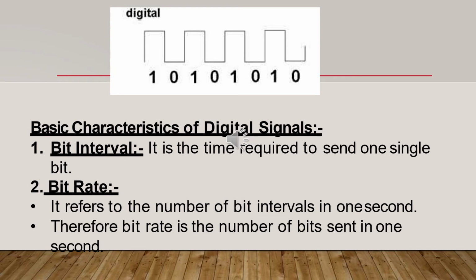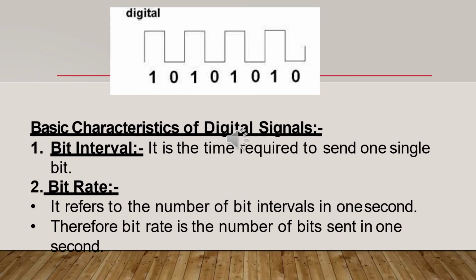Next, it refers to the number of bit intervals in 1 second. Therefore, bit rate is the number of bits sent in 1 second, right? So second we have bit rate. Bit rate means how many bits we are sending within 1 second.